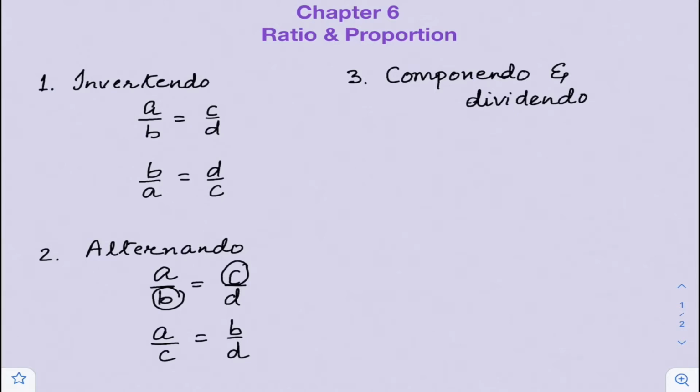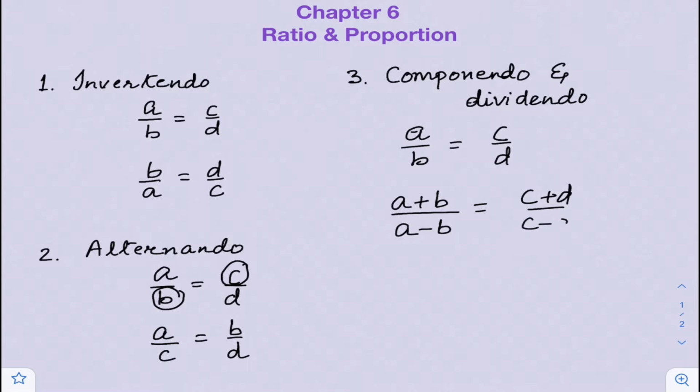Now rule number 3, which is very important, and this rule we are going to use quite frequently in this chapter. It is called componendo and dividendo. So what does it mean? Let's suppose we have two ratios, a upon b equals c upon d, and if you add in the numerator and subtract in the denominator on both the sides, this rule is called componendo and dividendo.